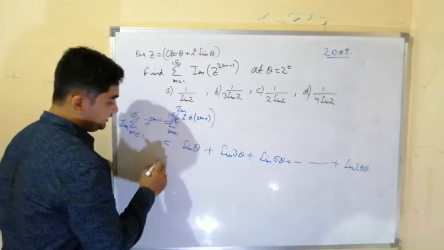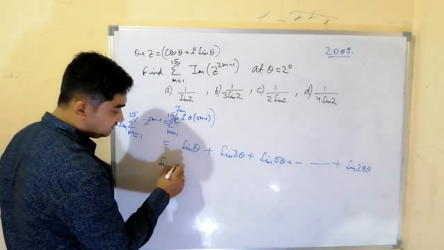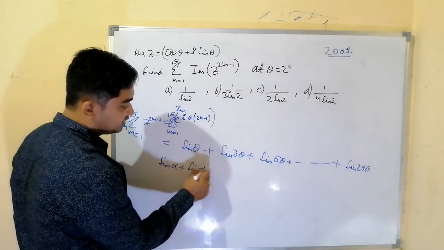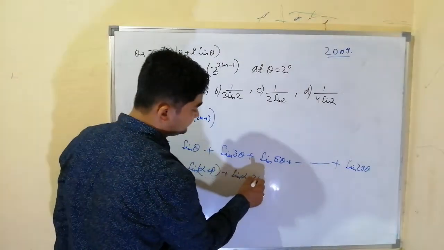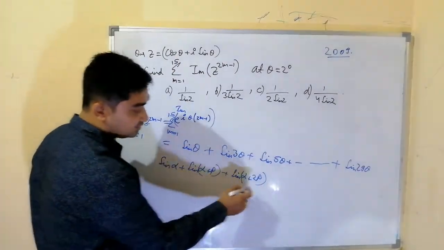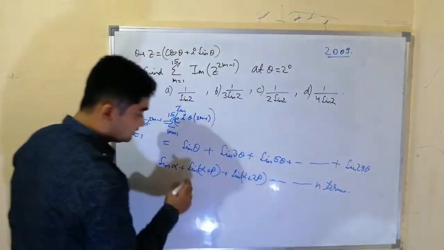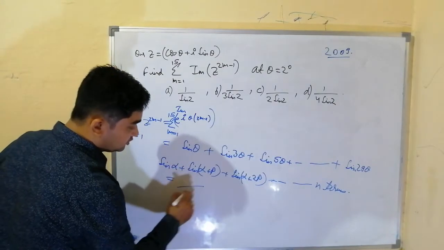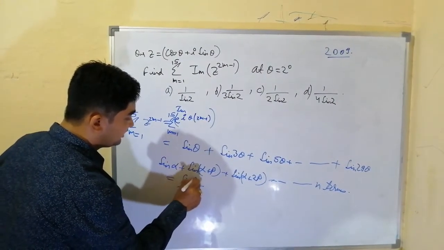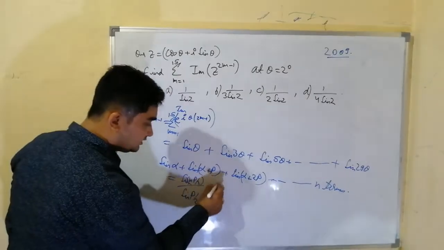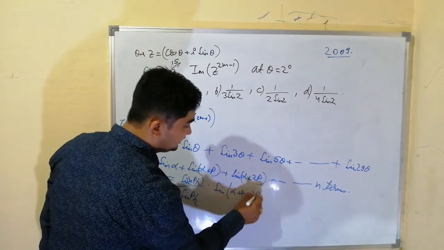So for this we can directly learn that whenever we have a series like this, sin alpha plus sin alpha plus beta plus sin alpha plus 2 beta, angles are in AP up to n terms, then this sum is equal to sin n beta by 2 in the numerator, divided by sin beta by 2, multiplied by sin of alpha plus n minus 1 into beta by 2.